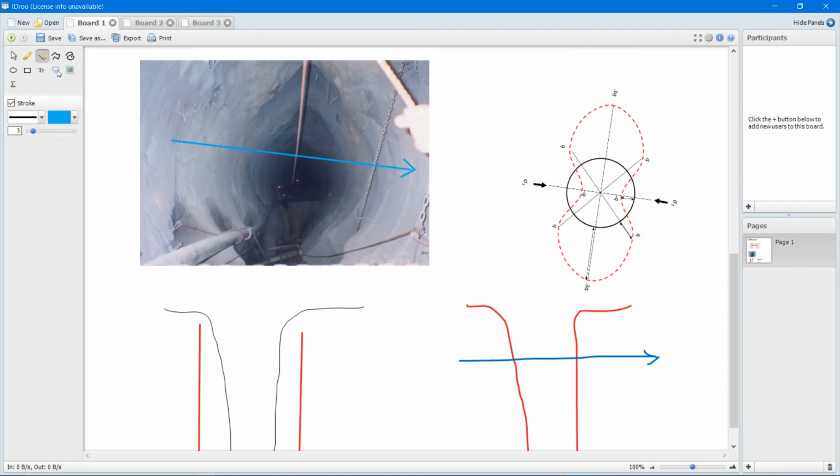just show that you're talking about sigma 1 right here. And then for this sectional view, you also just label it as sigma 1. Let's see if I do have a sigma sign.